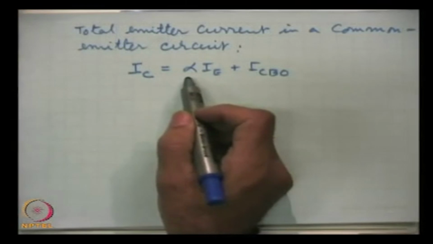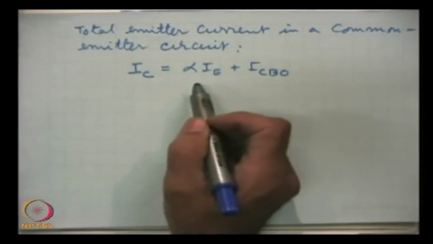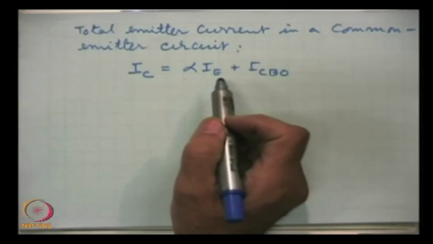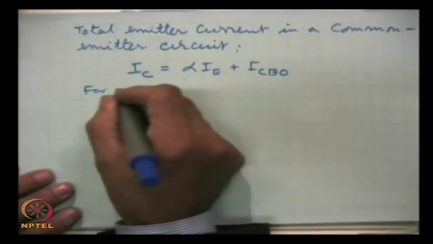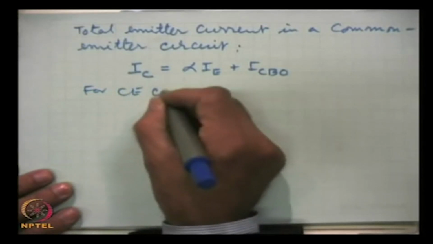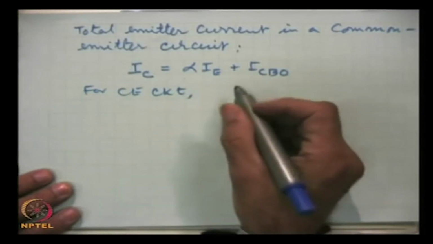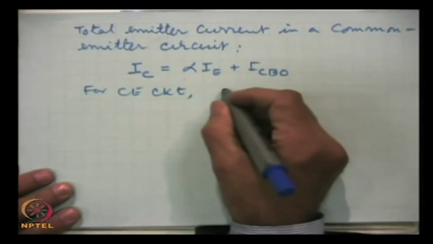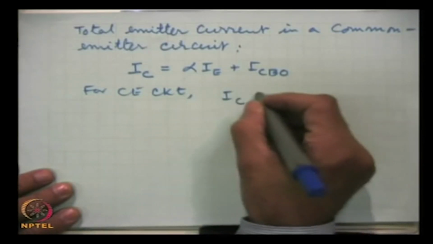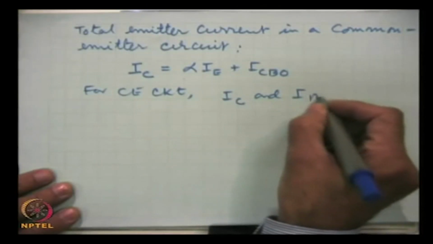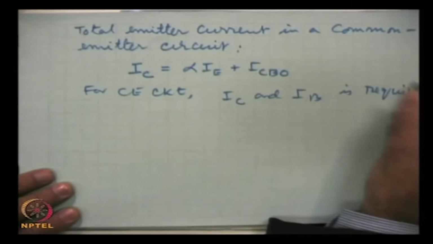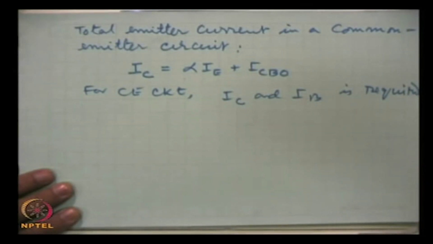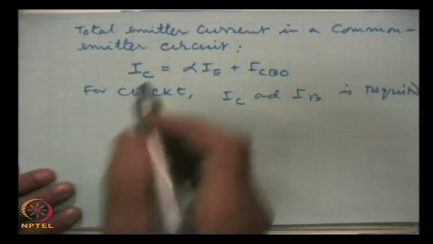But anyway, we talked that alpha is the current gain. Now we need a relationship between IC and IB for the CE circuit. A relationship between IC and IB is required. This we can have from this equation.